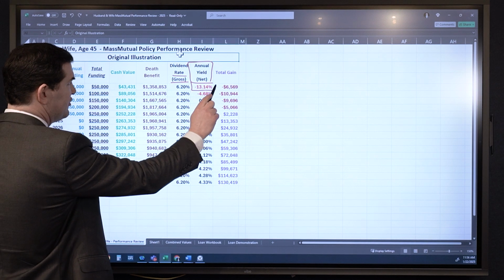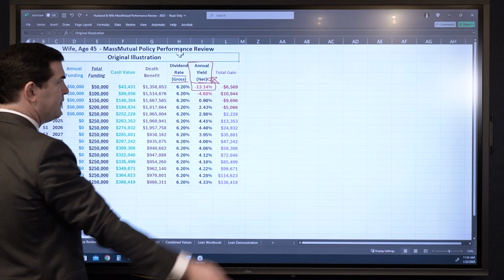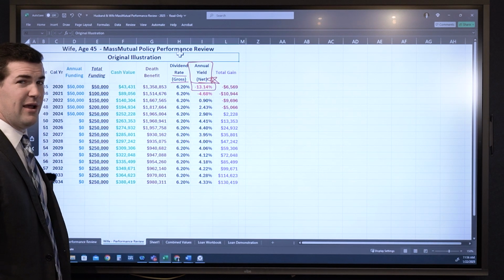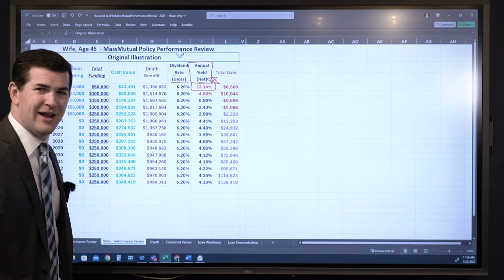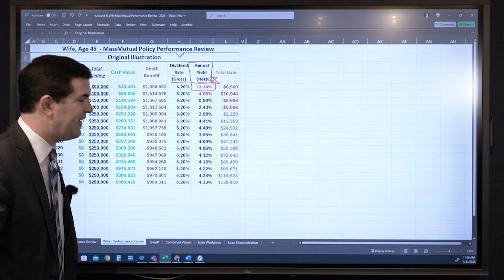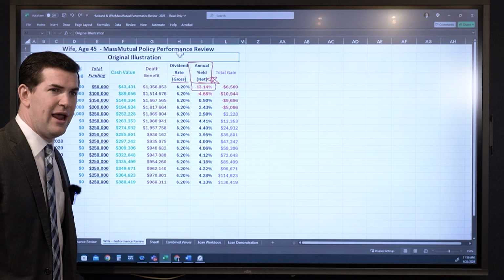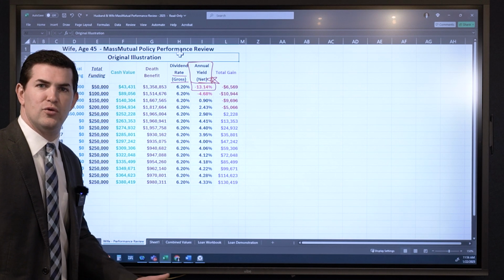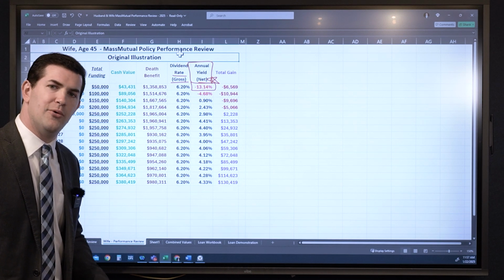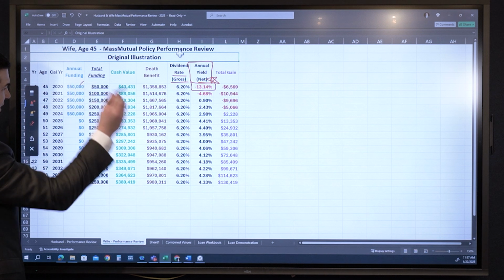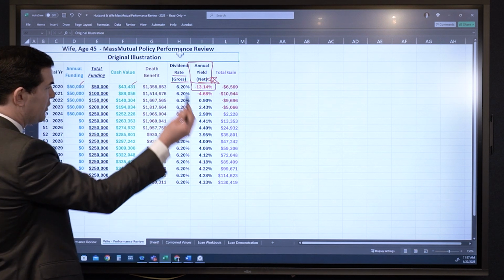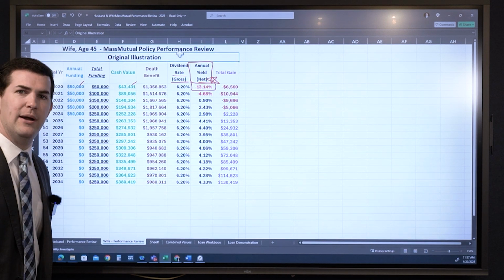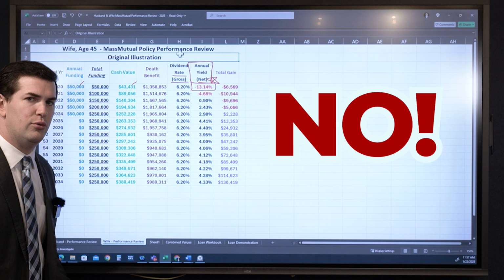I think this is so important to look at the first year because a lot of times I talk to folks, they have a whole life insurance policy and they think that they earned a positive return in the first year after speaking with their agent. It's like, no, you didn't. If you put in 50K and you have 43, did you make any money? No, you lost money.